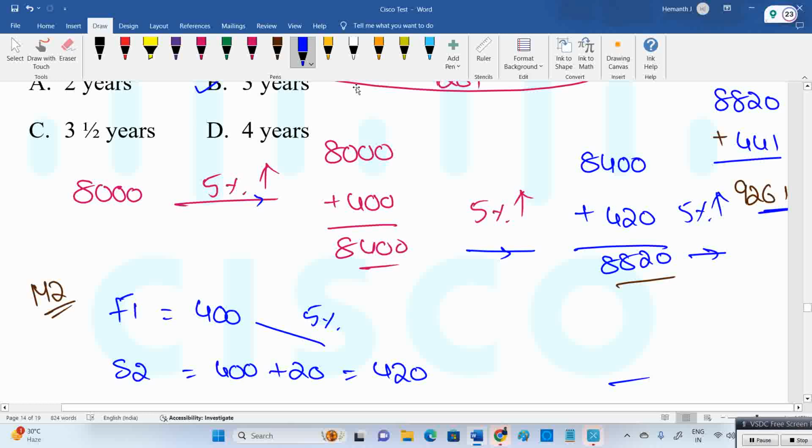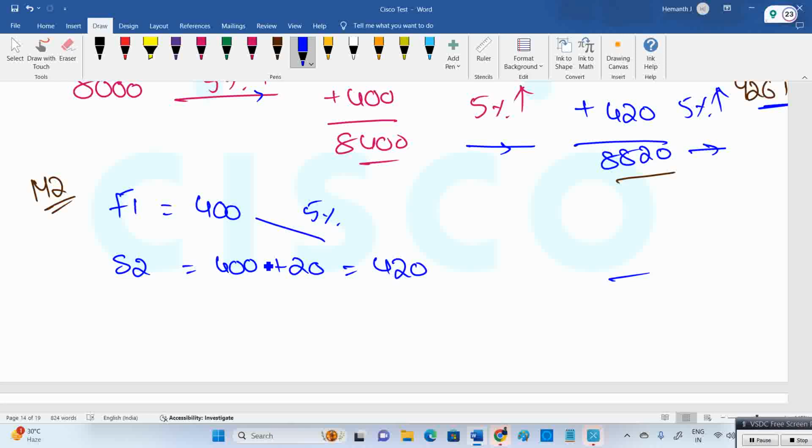First year population increased by 400. Second year population increased by 420. Total 1,261, right? So third year, 420 plus 5% of that. What is 5% for 420? 10% is 42, removing 10, 5% is 21. So 441.